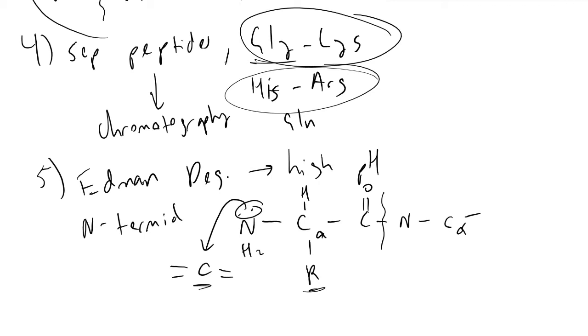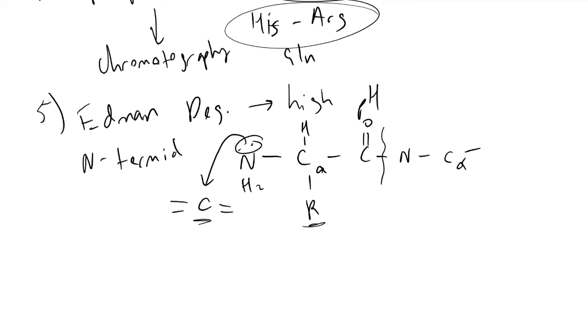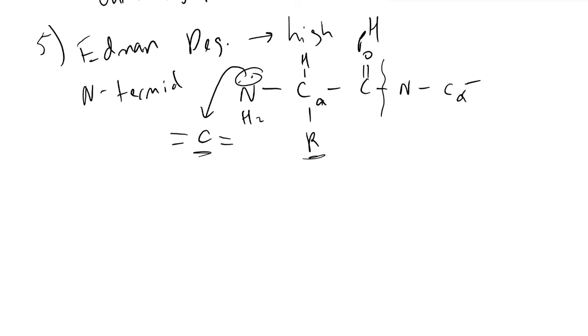However, what keeps Edman degradation from running through the whole molecule when it's in solution is the fact that we have to change the conditions in our solution in order to proceed to the next step. Immediately after this nucleophilic attack, this nitrogen and this carbon form an intermediate molecule that will not dissociate from the rest of the peptide until you make the solution acidic.